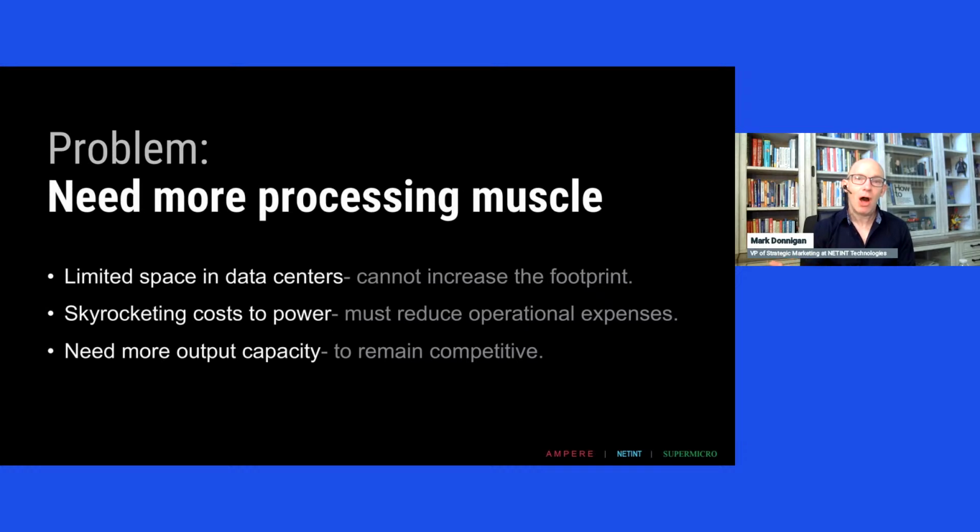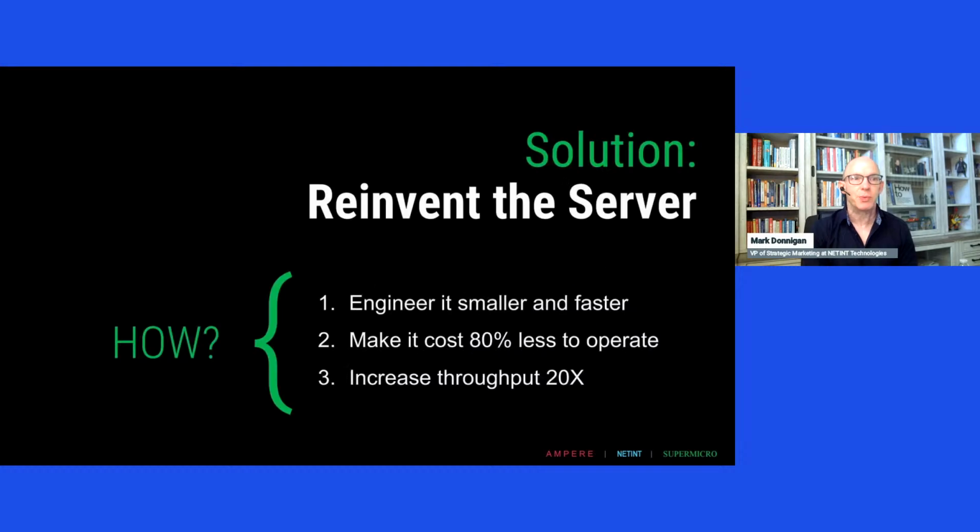And all of this comes back to our consumers, our customers, our subscribers, our audiences clamoring for more video. Whether it's more content that our systems need to ingest and process, or more users we need to deliver content to, we need more output capacity. So that's kind of the problem statement. And that's where we're going to start as we look at what the solution is.